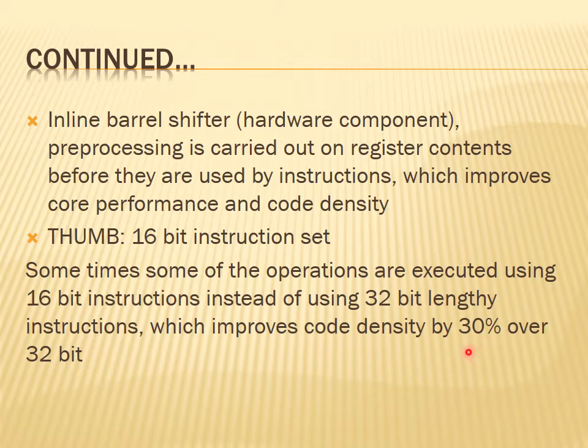If you look at the percentage, it improves by 30% over the 32-bit. So less memory size is required to store the instructions, which at the end perform the same kind of operation as compared with the 32-bit. So code density is improved under the thumb state.